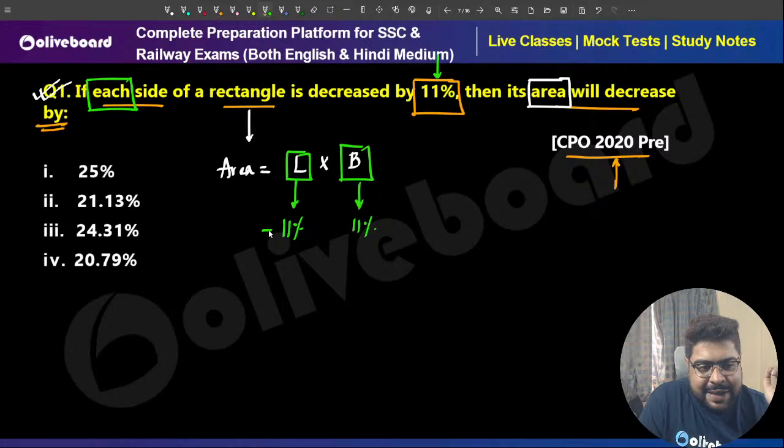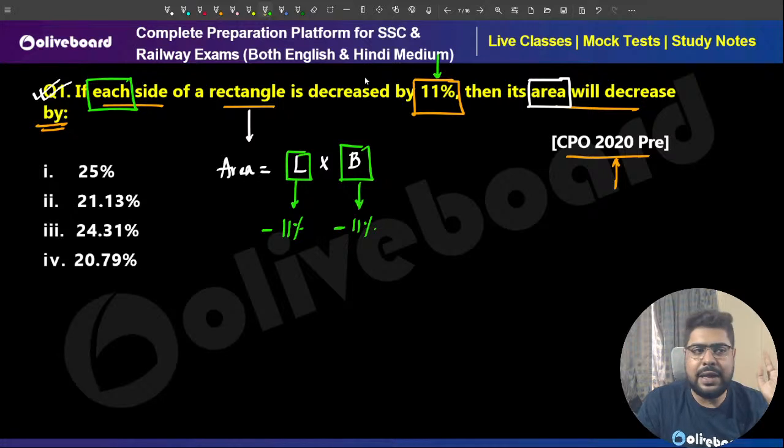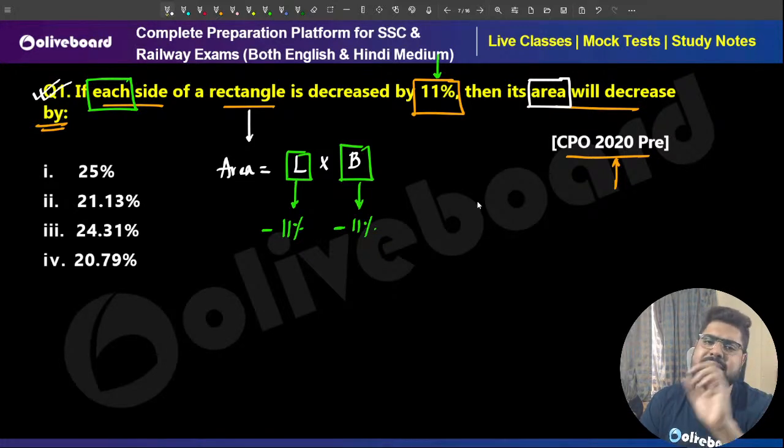We should take minus here, because AB theorem has only one rule: if we are talking about a positive or incremental change, it's plus. If we're talking about a decremental change, it will be minus. That is the only rule of applying AB theorem.